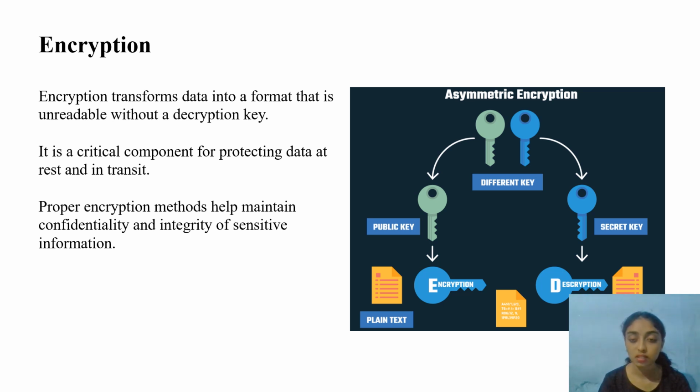Asymmetric encryption. It starts with a different key. It is divided into two types, the public key and the secret key. The public key is used for encryption and the secret key is used for decryption. The public key refers to plain text.